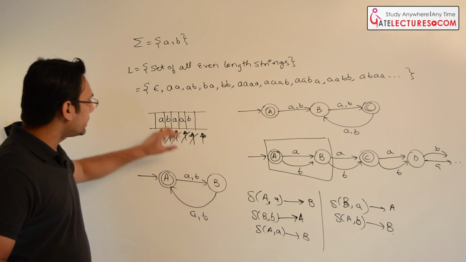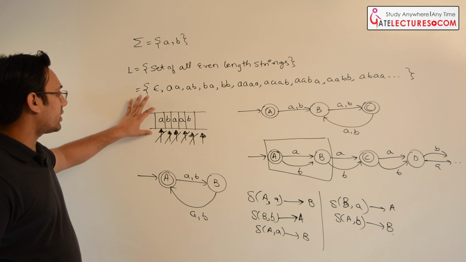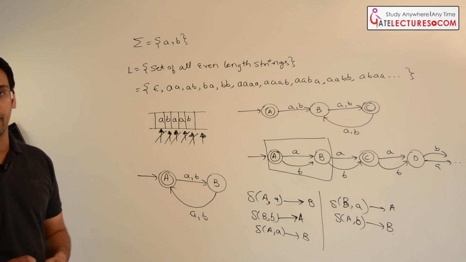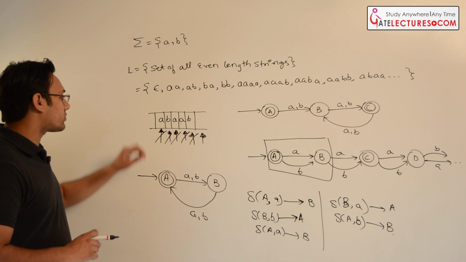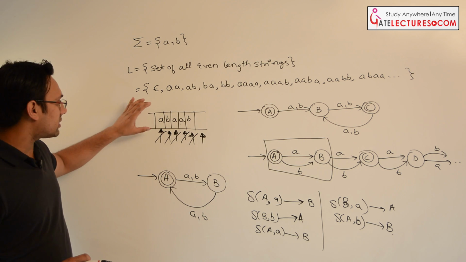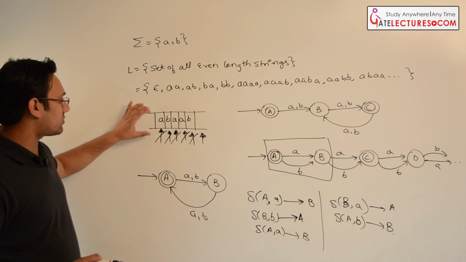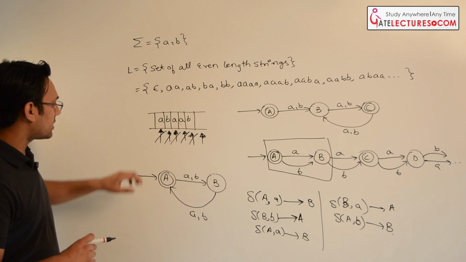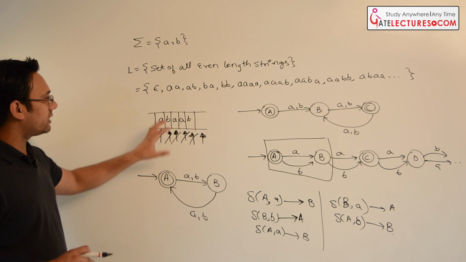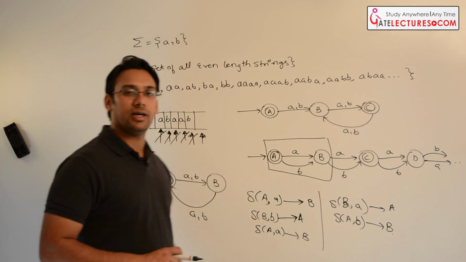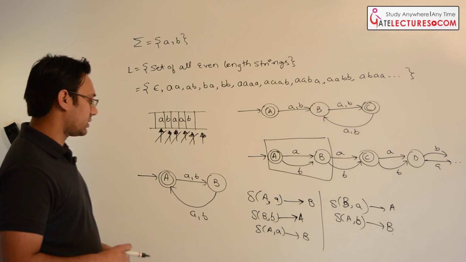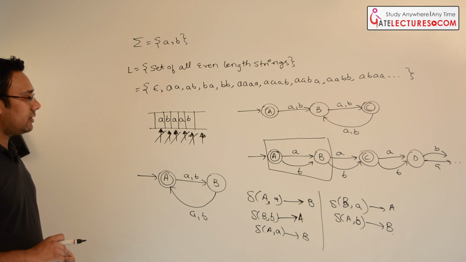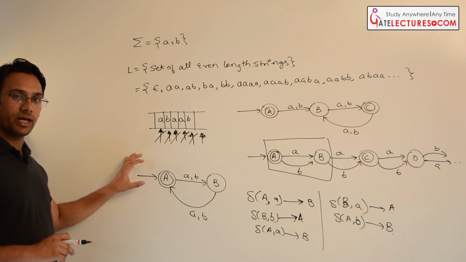Because B is not a final state, the string is not accepted and this string is not present in the language. If the string is accepted, it is present in the language; if it is not accepted, it is not present in the language. So the string is rejected. Fine, so now I think you have an idea of what I am saying here.